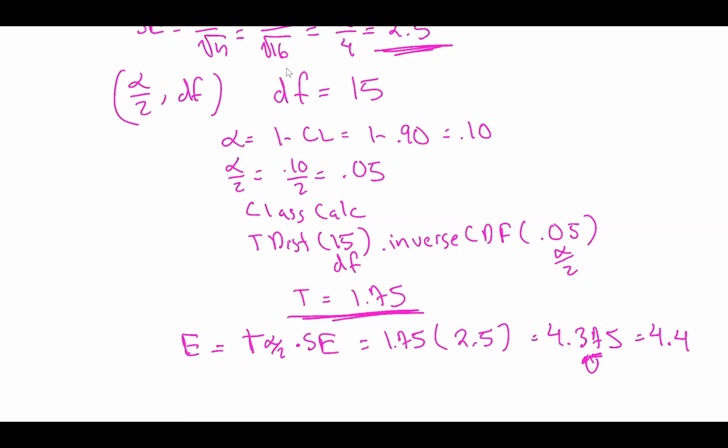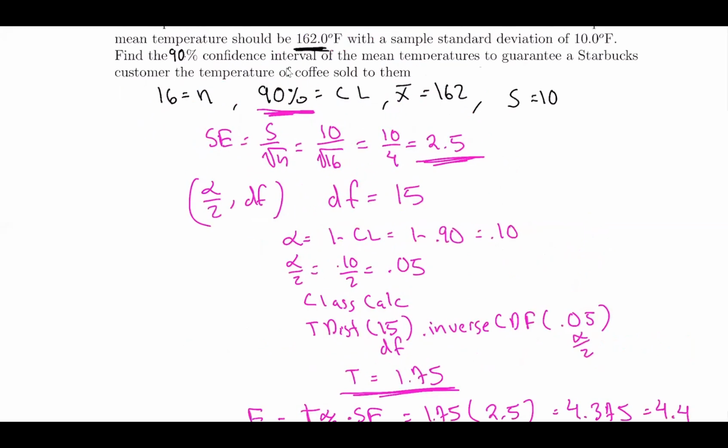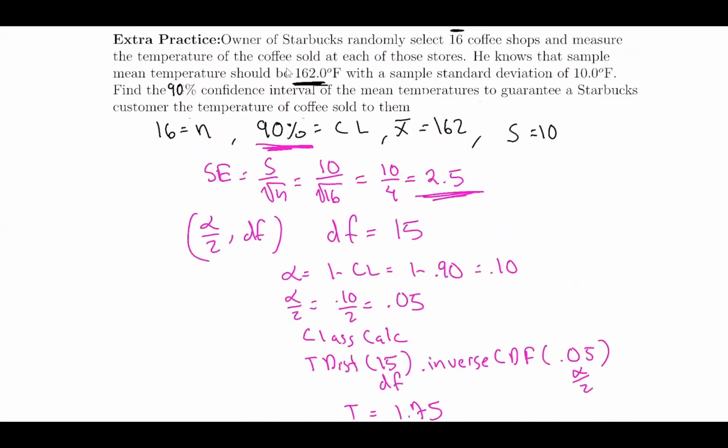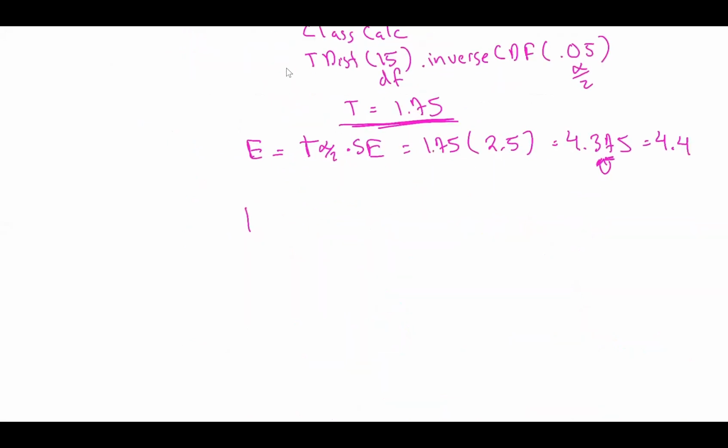Everybody's good. The last thing we're going to do, we're going to get our sample mean, which is 162. And we're going to add it and subtract it to 4.4. So if we do 162 minus 4.4, 162 plus 4.4.